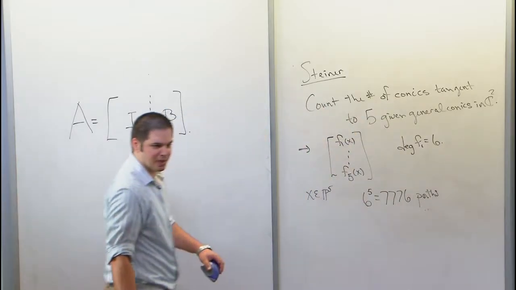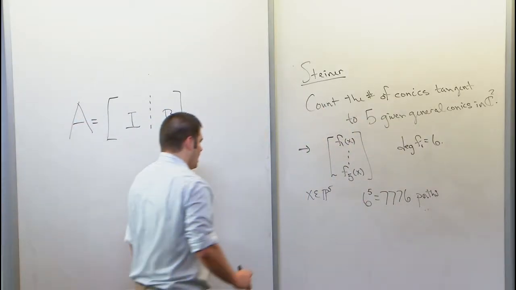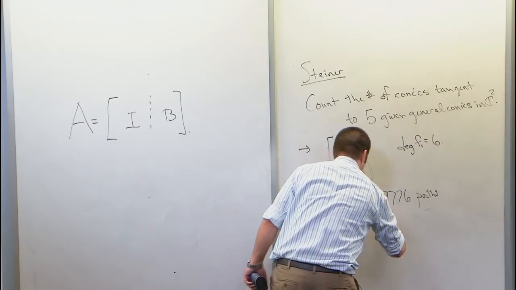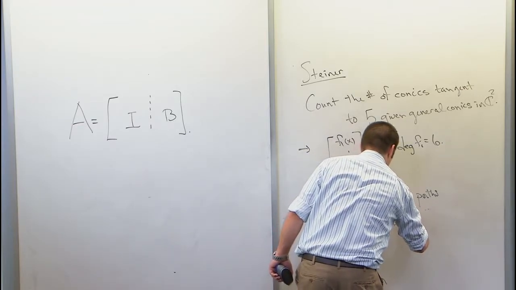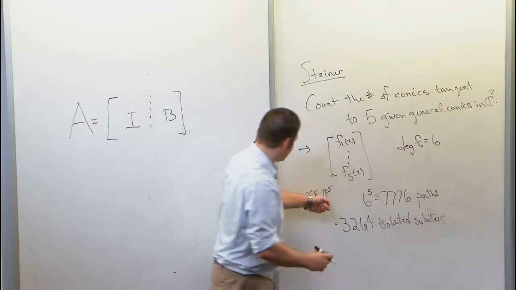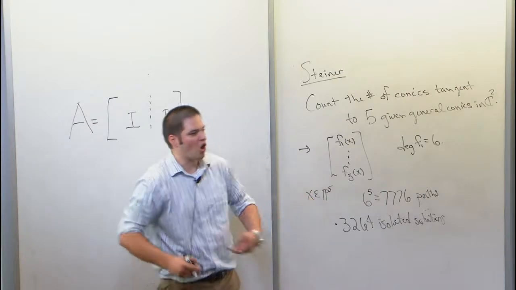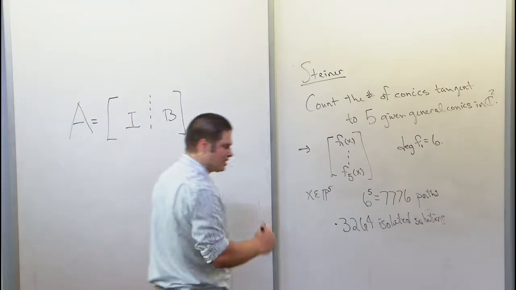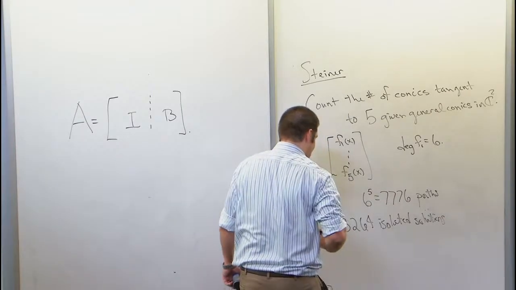What happens to those paths? I know I'm going to get the isolated solutions. Because my space is compact, all of the other ones have to converge, and therefore they have to converge to the double lines.